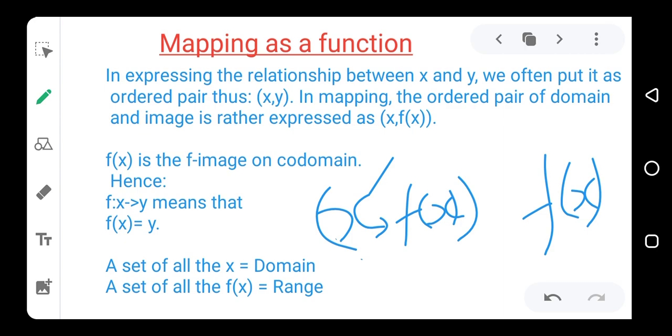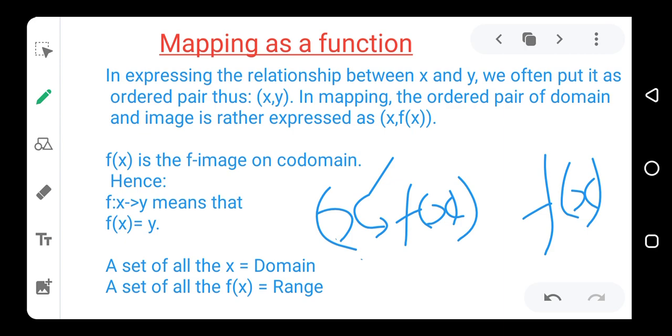So we are removing y, because if we want to include y, that means we are talking about all the elements in the codomain, because y as a whole represents all the elements in the codomain. But we are only talking about the ones that are images of a value in the domain. So that's why we talk about x and f of x when we are expressing a function in mapping.